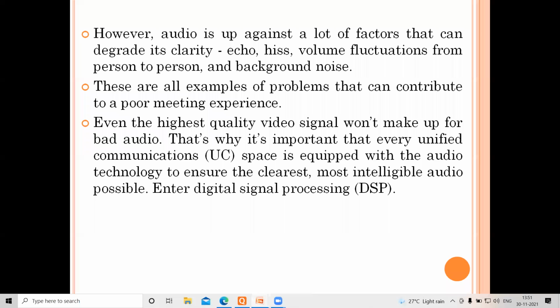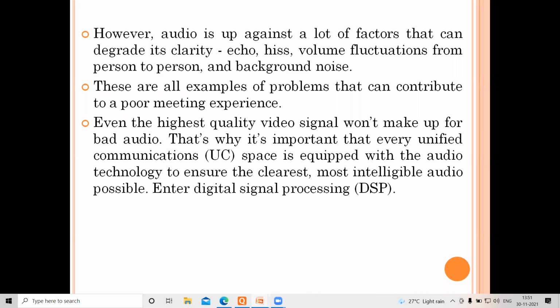Therefore, even the highest quality video signal won't make up for bad audio. I have stopped sharing my video, my camera is off now. But even if the best video is sent, if the audio is not correct, it will irritate you.